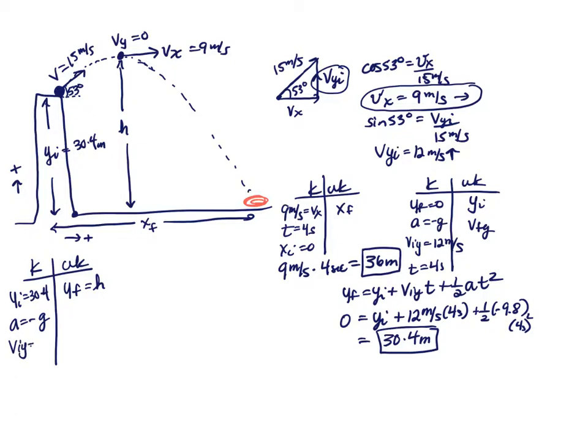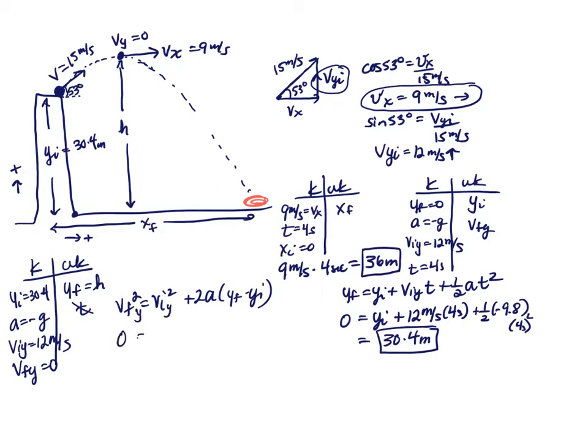I know my v initial y is 12 meters per second, and I do know my v final y is 0. I don't know how long it's going to take me to get to the top. Now, I could figure that out and then plug it into equation 2 of the big three, but I'm going to be more efficient and use the equation that doesn't have time in it. V final y squared is v initial y squared plus 2a times y final minus y initial.